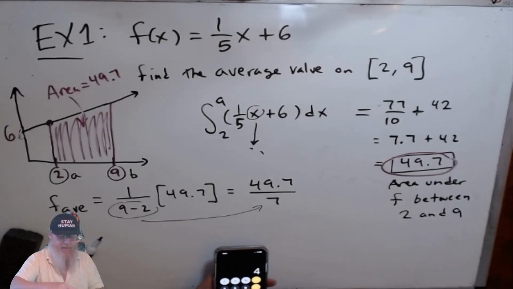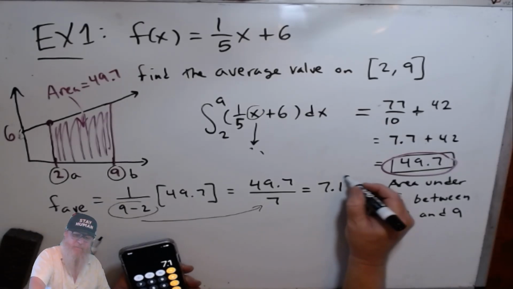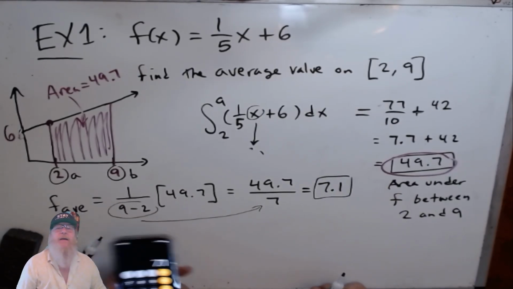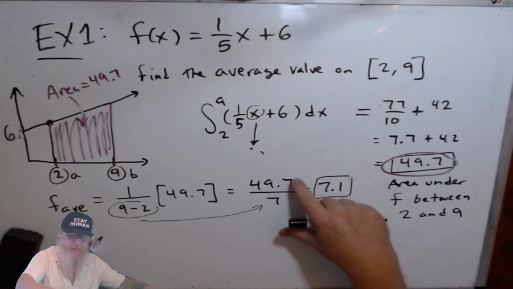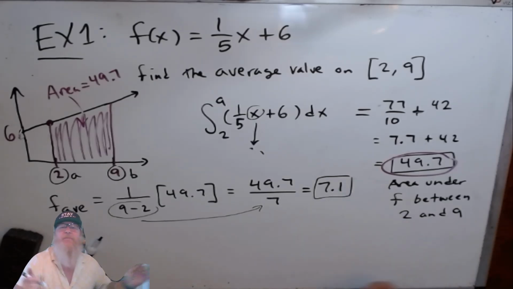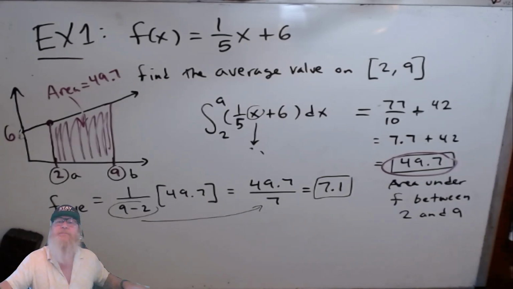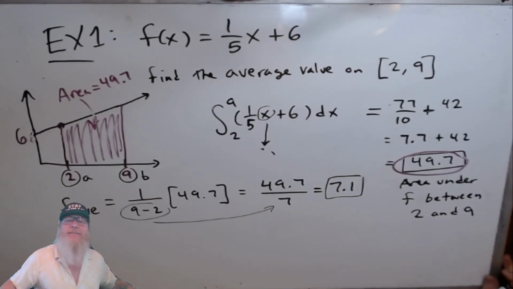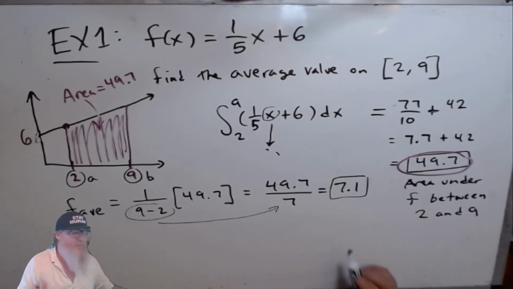So 49.7 divided by 7, 7.1. Now I feel silly because 49 divided by 7 is 7, and 7 divided by 7 is 1. I should have been able to do it, but that's okay. I'd rather be right than be brave. You get the idea? So 7.1.